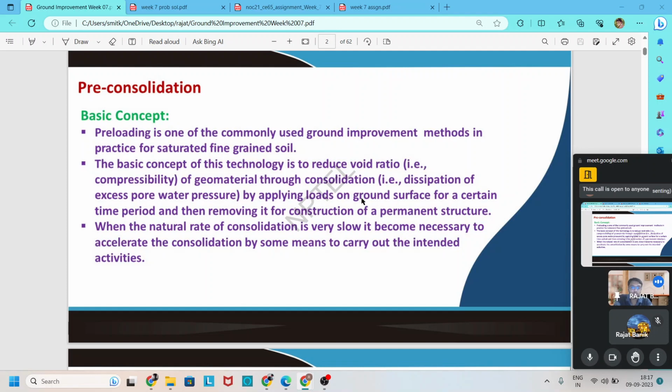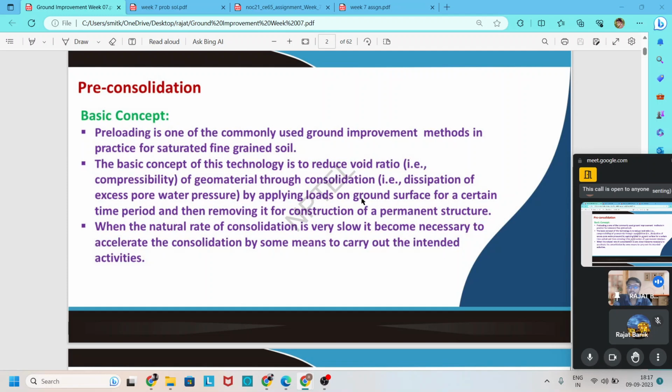This excess pore water pressure always tries to dissipate through the pores, and due to the dissipation of excess pore water pressure, the effective stress of the soil is increased, and by the increase of effective stress, the shear strength of the soil also increases. And through this technique, we indirectly or directly increase the shear strength or reduce the settlement of the ground.